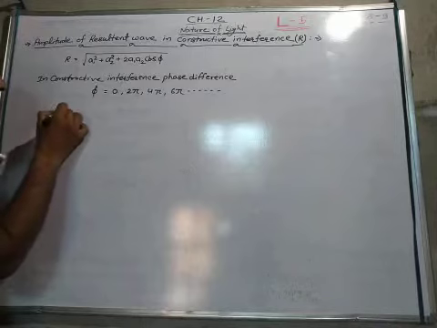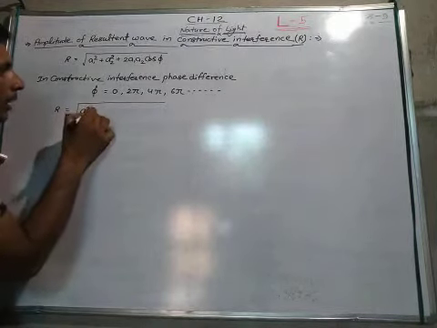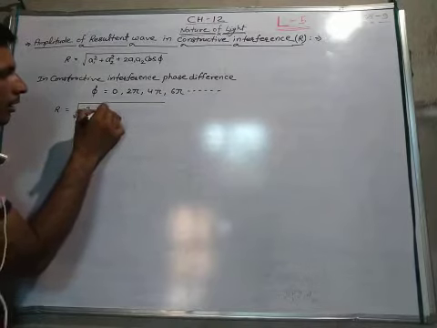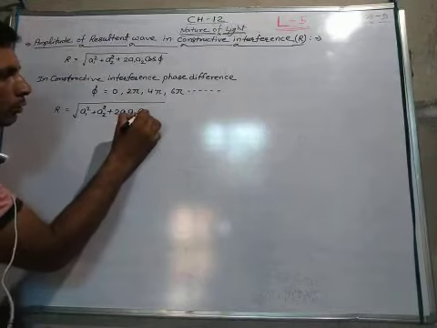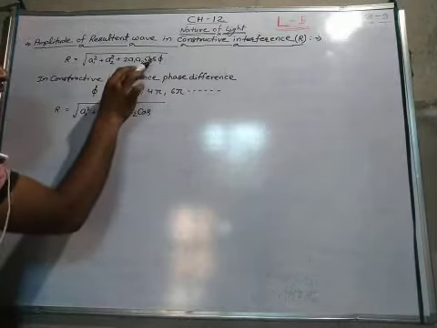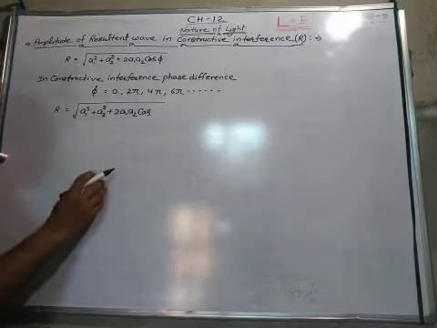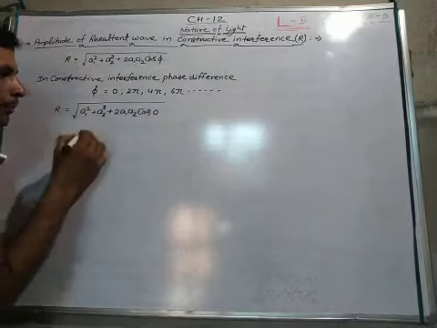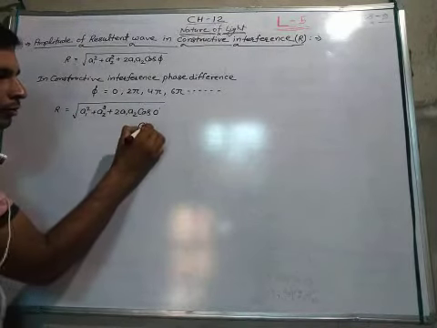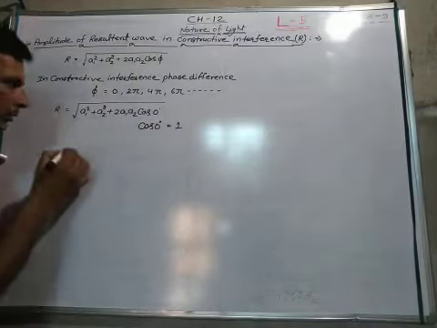Then R equals under root a1 square plus a2 square plus 2a1 a2 cos phi. In the place of phi we can use 0, 2 pi, 4 pi and 6 pi, but now I use 0. The value of cos 0 is equal to 1.